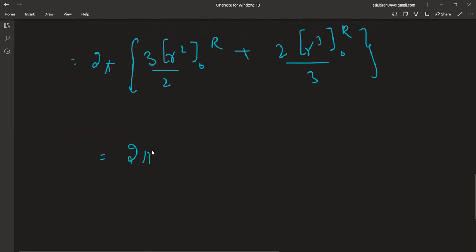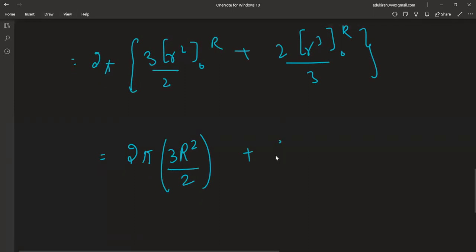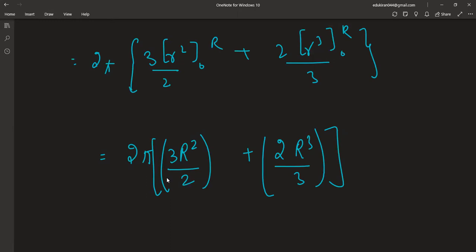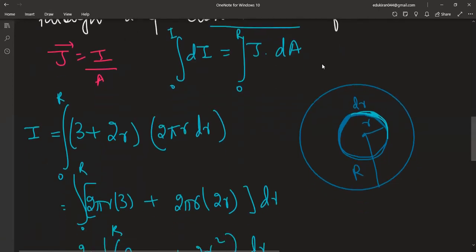So this becomes 2 pi, 3r square by 2 plus 2r cube by 3. So this is your final answer. This much of units is your final answer. Note it down. This is clear, Shahid? Yes, ma'am.